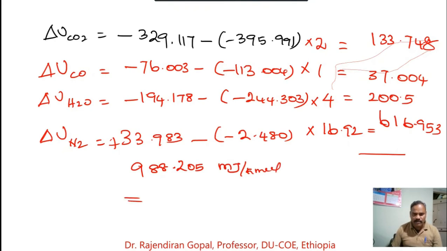We need kilojoule per kilomole, so 988.205 kilojoule per kilomole of fuel.